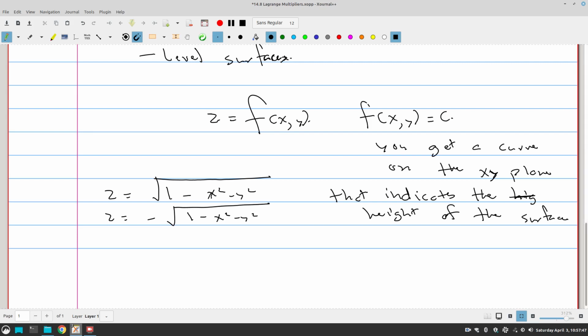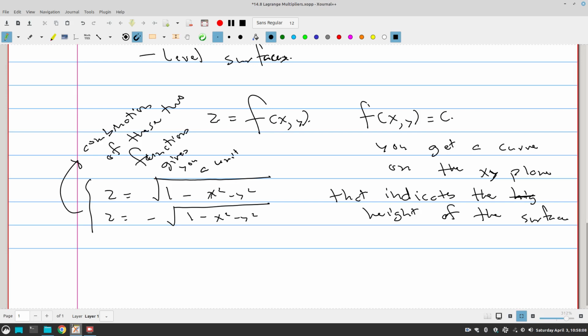The combination of these two functions gives you a unit sphere, right?